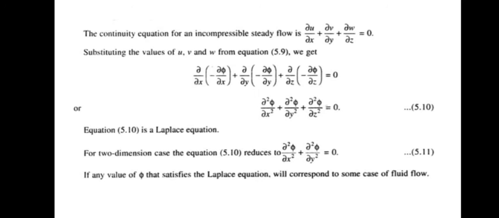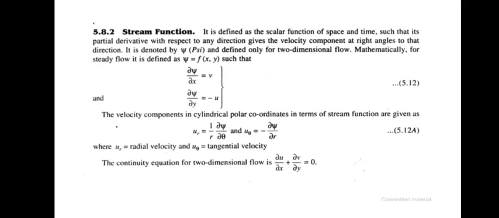Okay. Now next, similarly to the velocity potential function, we will study the stream function. It is defined as the scalar function of space and time such that its partial derivative with respect to any direction gives the velocity component at right angles to that direction. It is denoted by the letter psi.